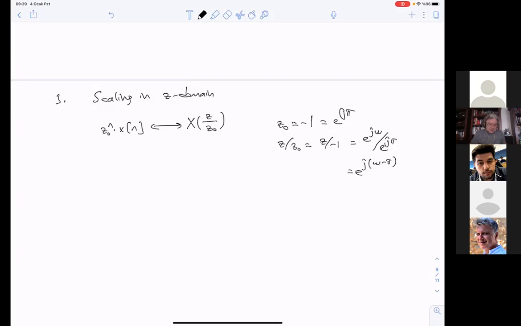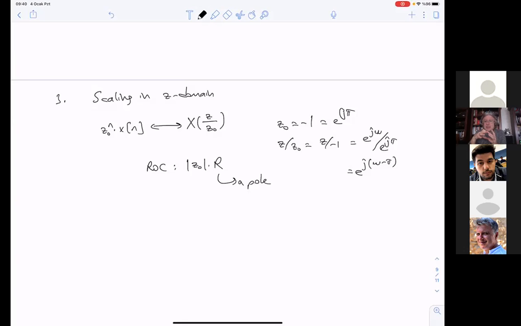So this is the overall expression, and the region of convergence essentially changes according to the magnitude of z0 times r. What I really mean is, for example, let's assume that there is a pole which determines the boundary of the circle. That circle's pole position is multiplied by magnitude of z0.